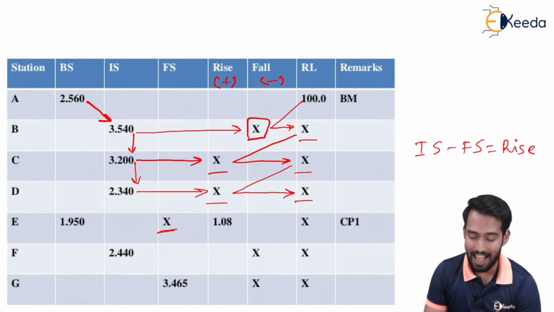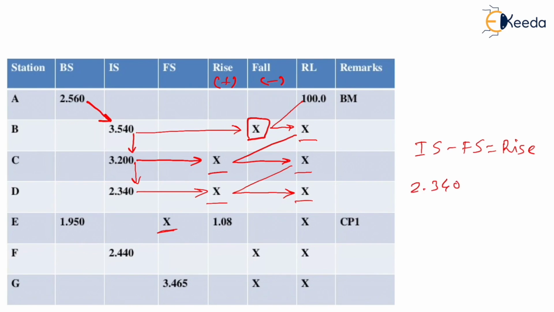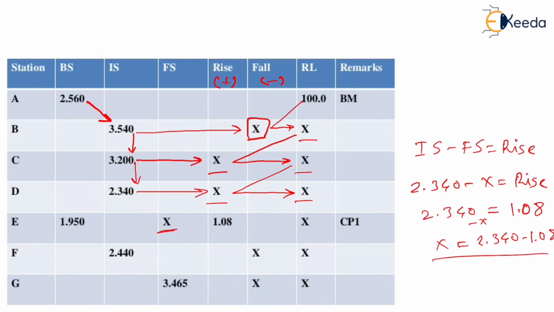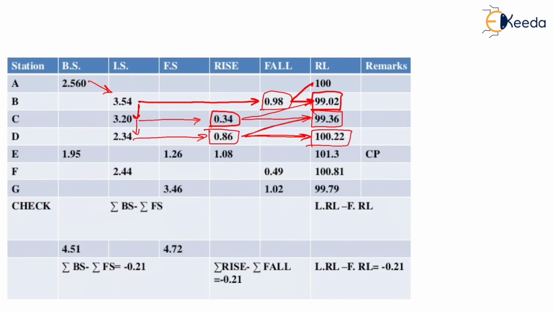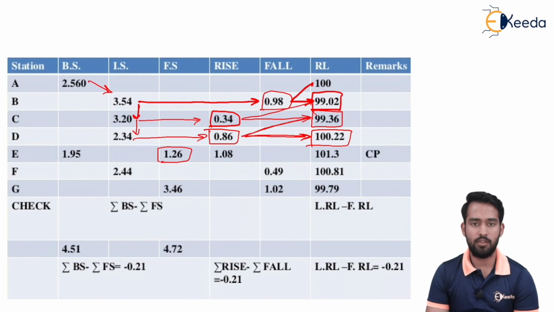Now you can see IS is 2.305 minus x, as FS is x, and rise is 1.08. So x will be equal to 1.26.